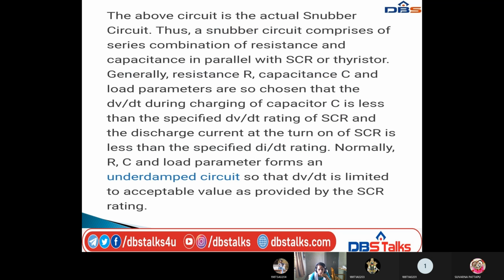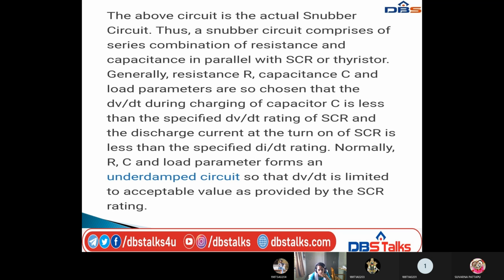So the above circuit is the actual snubber circuit. A snubber circuit comprises a series combination of resistance and capacitance in parallel with the SCR or thyristor.